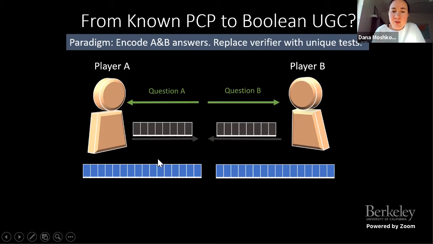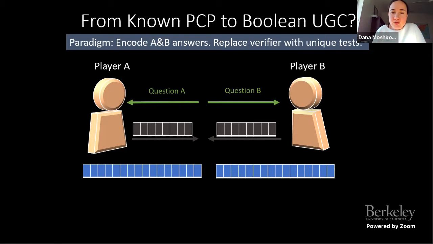So this is the general methodology for proving optimal hardness of approximation. It's a very successful methodology in general to prove various hardness of approximation results. You just encode and you try to simulate the verifier using those constraints on the bits.